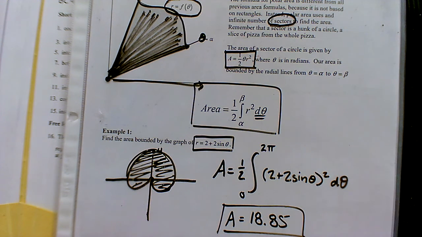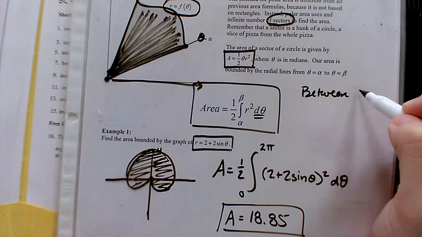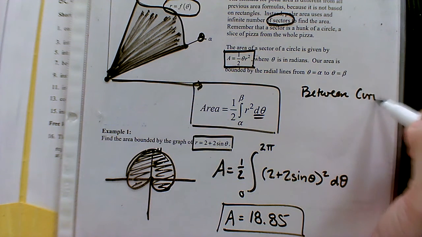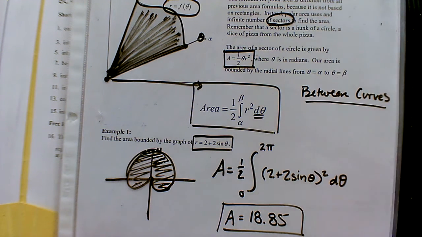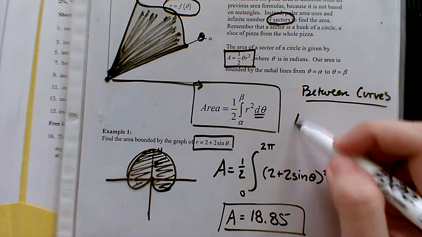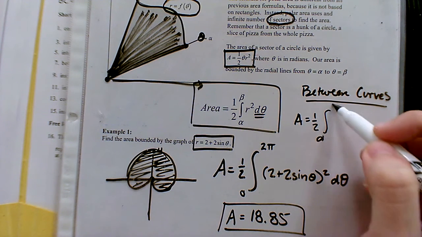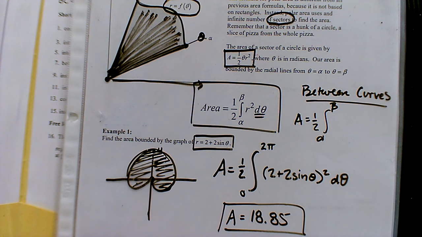We're going to get there eventually, but what if we wanted to calculate the area between two polar curves? If you think about how we did that for the area between two curves measured to the x-axis or y-axis, this is very similar. Can we think about how we did the area between two curves last year in Calc 1?